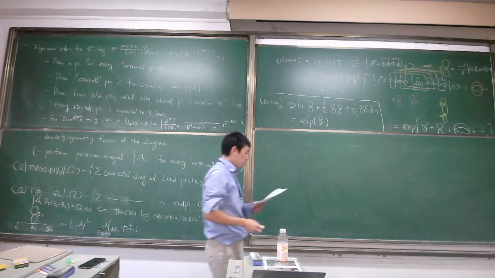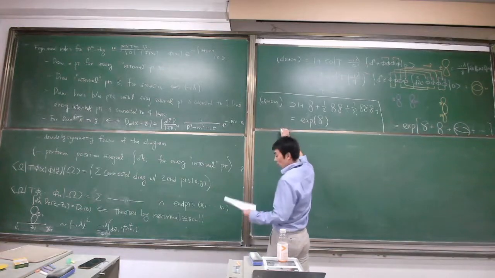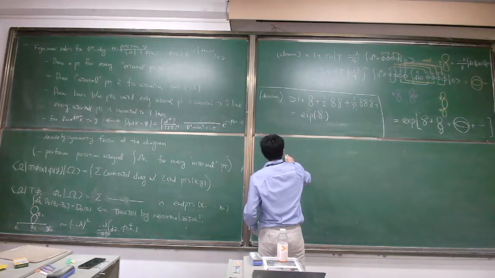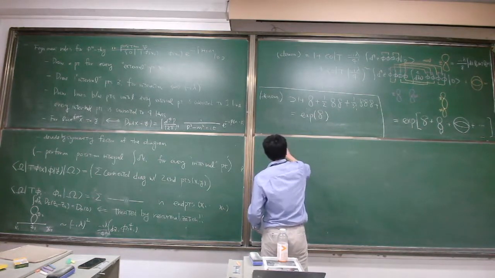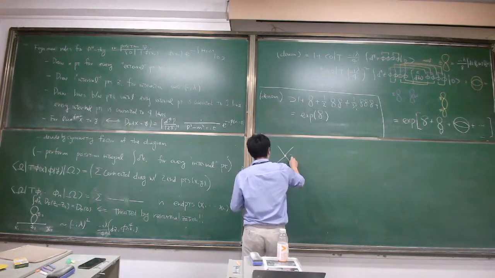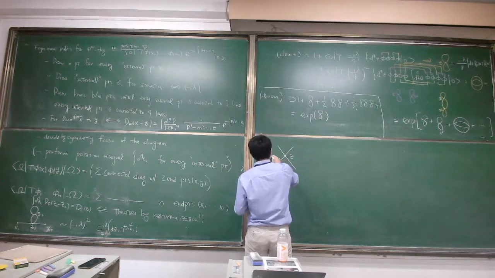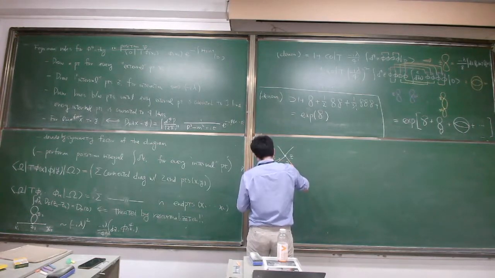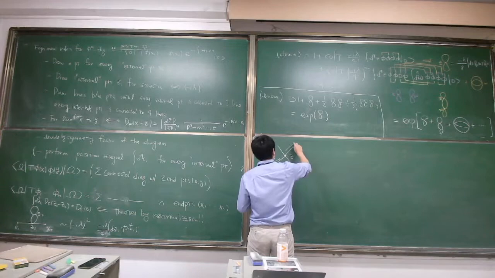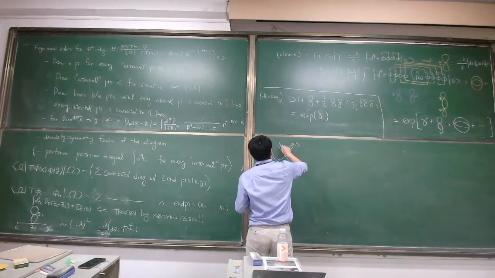If you add this, for an internal point you always have this kind of diagram, the internal line, and then we have p1, p2, p3, p4.